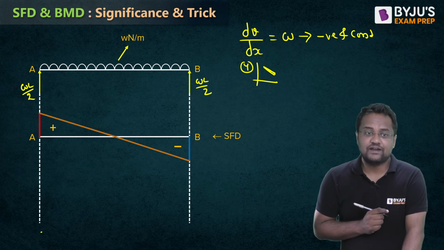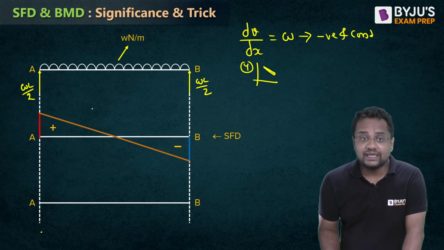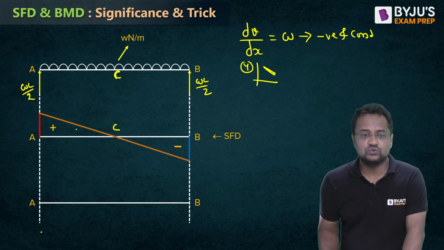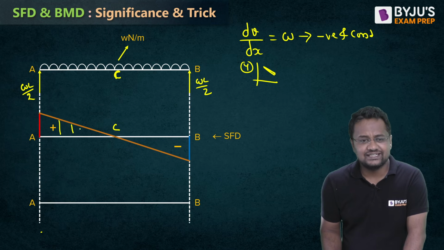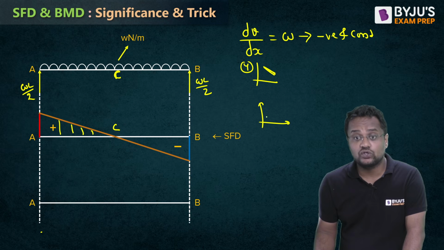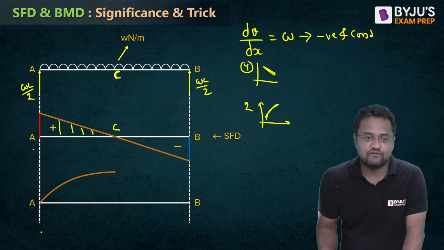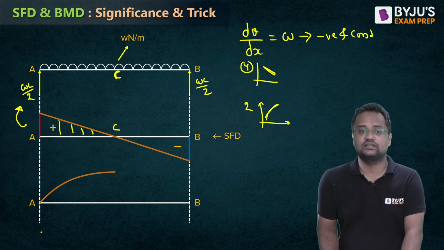And if I draw the BMD, then from A to midpoint, let me name it as C. From A to C, shear force is positive and decreasing, graph number 2, like this, because bending moment slope is shear force. While drawing the shear force, you will be seeing the loading diagram.